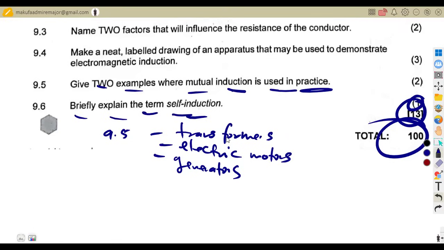So like I said, for you to understand each and every topic properly, make sure that you watch separate videos on electricity, on dynamics, on the same question paper. I recorded those ones so that you can have a deeper understanding.